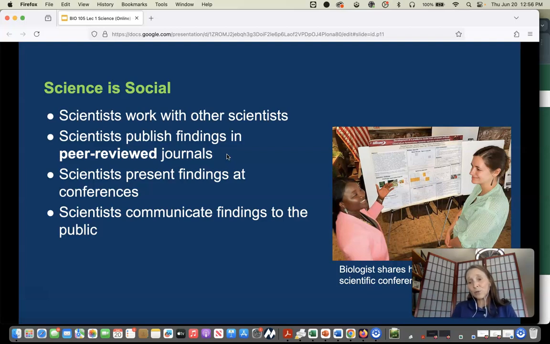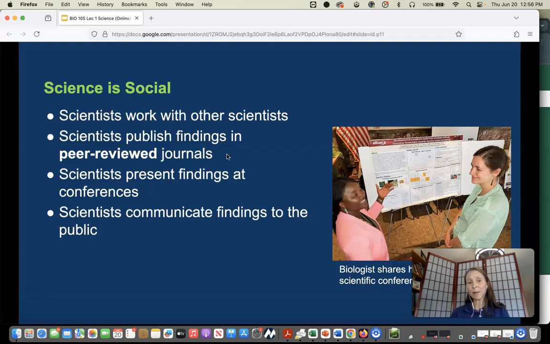A peer-reviewed journal is going to be a journal that has a panel of peers, meaning there are going to be people in your field that understand your research and how it should be conducted. And they actually are going to go through your research with a fine-tooth comb and look at your research, make sure that it's sound research and that the data that you are presenting appears to be sound data.